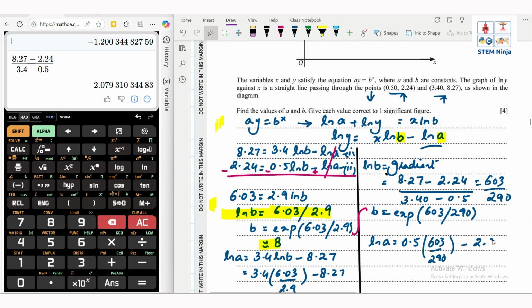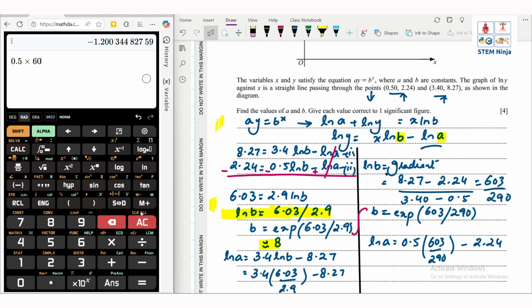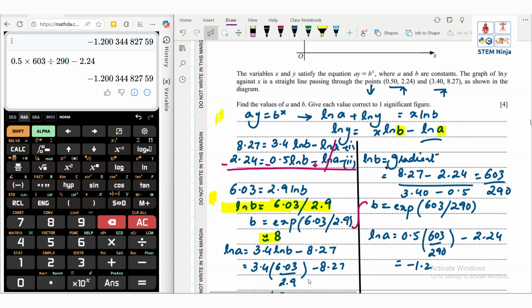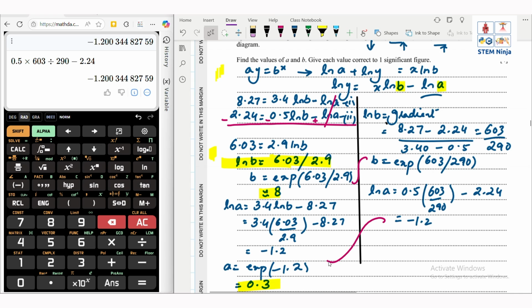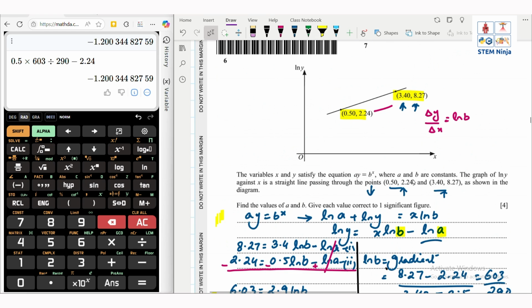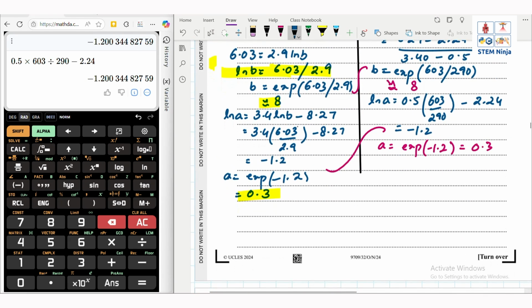So 0.5 times 603 divided by 290 minus 2.24. We get the same thing, minus 1.2, exactly what we had over here. So A you will get as e to the power minus 1.2, exactly the same as 0.3, and B would yield approximately 8. So we needed one significant figure each. Therefore, A is 0.3, B is 8.